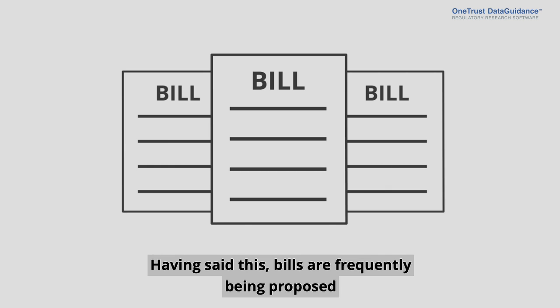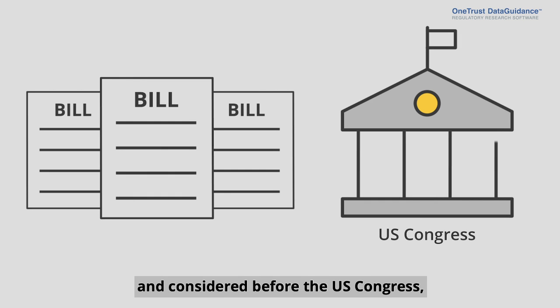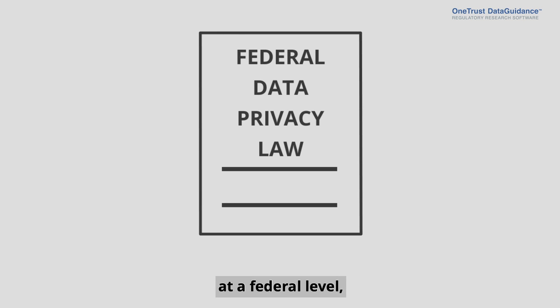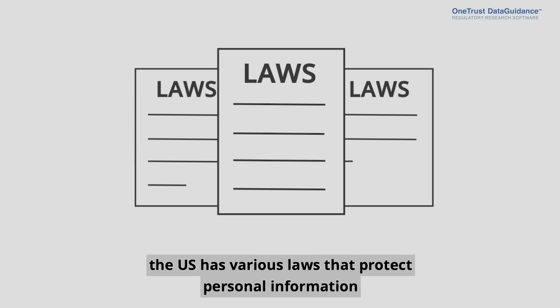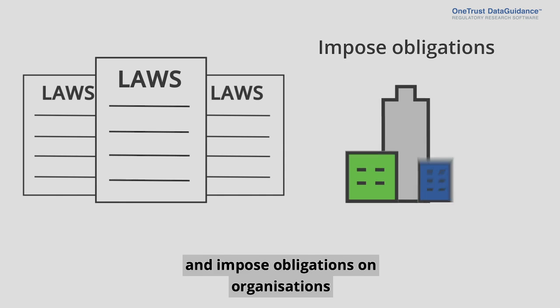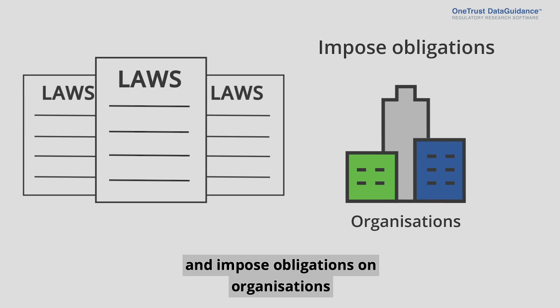Having said this, bills are frequently being proposed and considered before the US Congress, and several have arisen of late once again. Despite the absence of a comprehensive data privacy law at a federal level, the US has various laws that protect personal information and impose obligations on organizations depending on their area of activities.